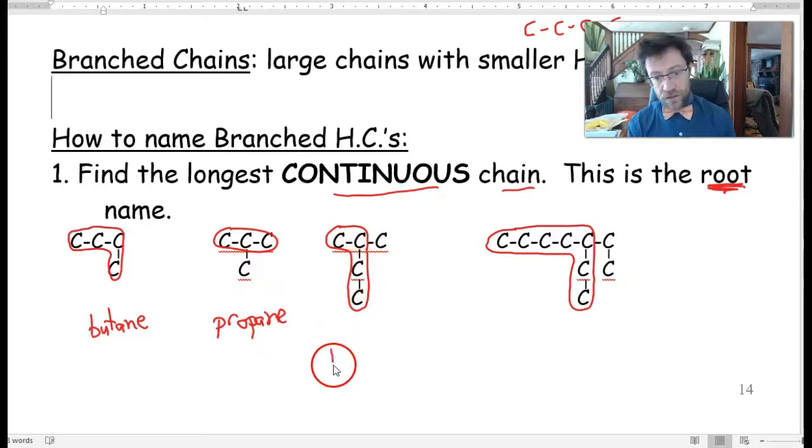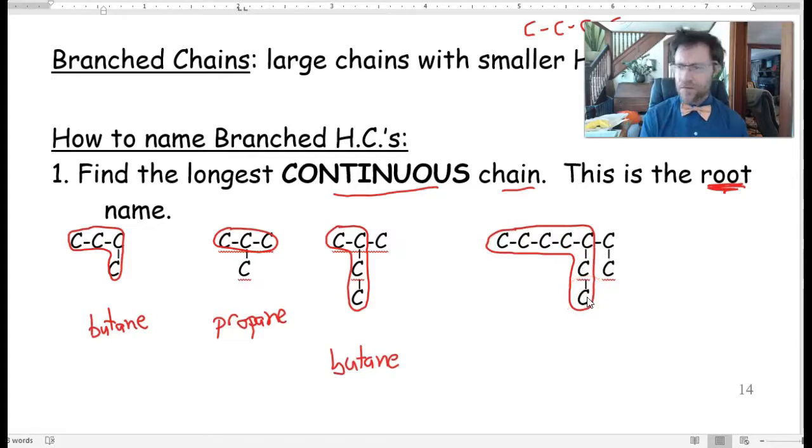This one will also be called butane. And the root name for this fourth one: pentane, hexane. I can't remember 7. Do you guys remember what 7 is? Hept. Totally forgot. Heptane.